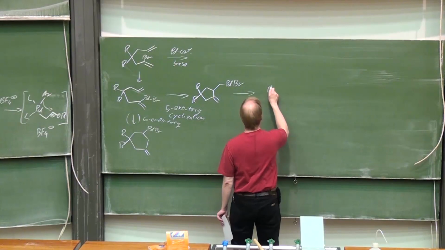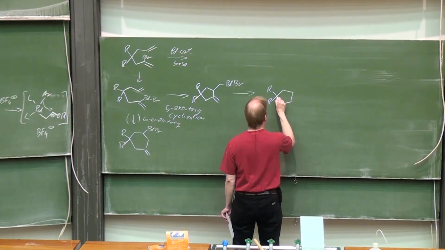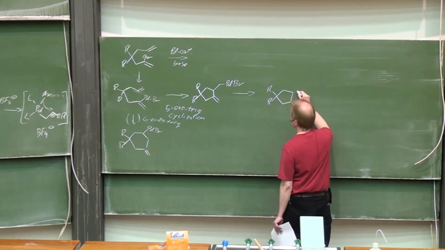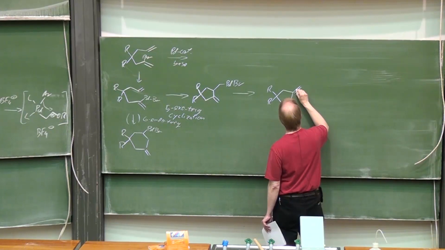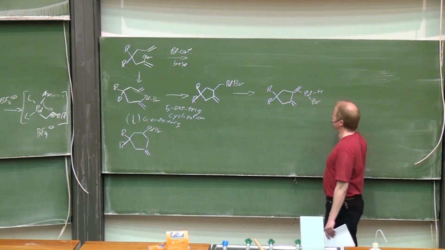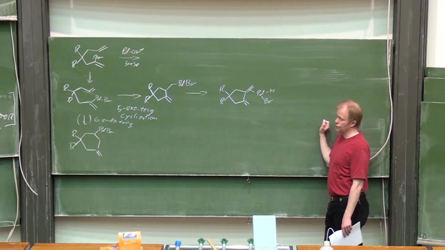Beta hydride elimination will lead to this type of complex first with the hydropalladium bromide still coordinated to the olefin.